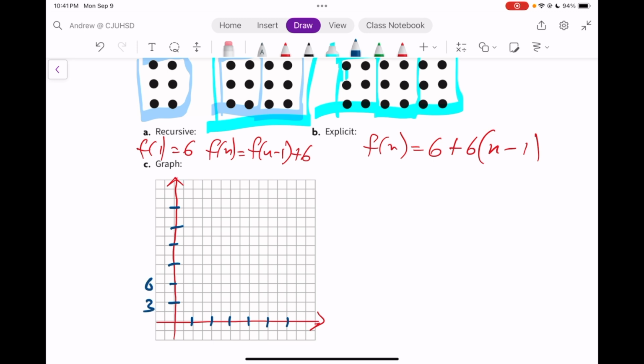And this will just go 1, 2, 3, 4, 5, 6. In figure 1, I have 6. In figure 2, I have 12. And in figure 3, I have 18. So definitely a straight line, definitely it's arithmetic.